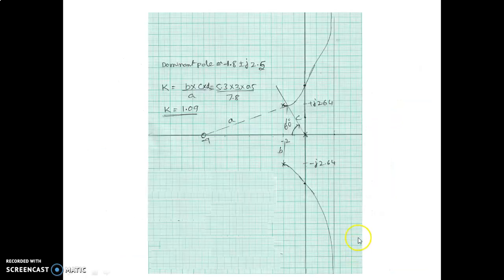Looking at those values, this is cos inverse of zeta, this is the actual plot. So this is the 60 degree line. You can see we are joining this intersection point to this zero, this pole, the second pole and the third pole. This is the first pole, second pole, and third pole, and this is the zero.